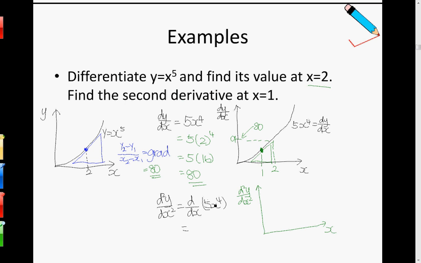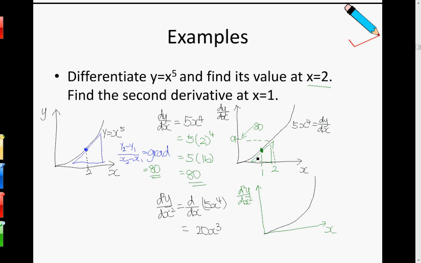I have to multiply the coefficient by the power, so to get 20, and then reduce the power by 1. So 4 minus 1 would be 3. So the graph of d2y dx square is actually an x cubed graph. The x cubed graph would also look like this, but it's less steep than this and this.